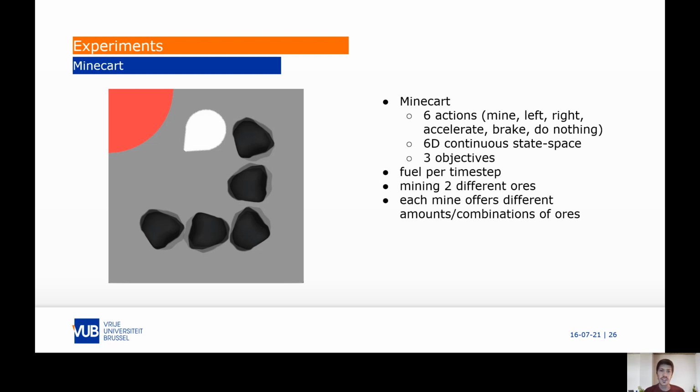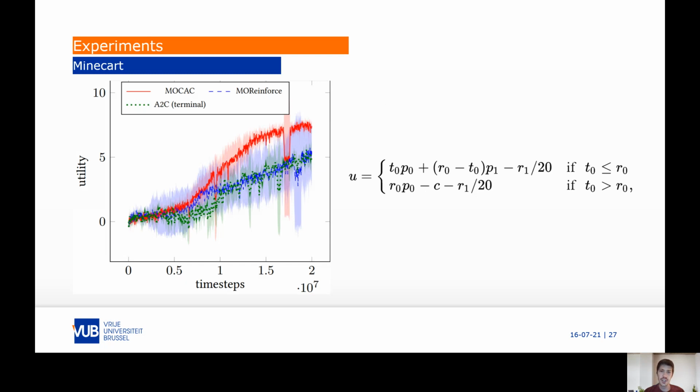So again, in this case, we imagine a scenario with a nonlinear utility function where the miner, the agent, has a contract on which he can sell the ores at the preferred price. The leftover ores are sold at market price.